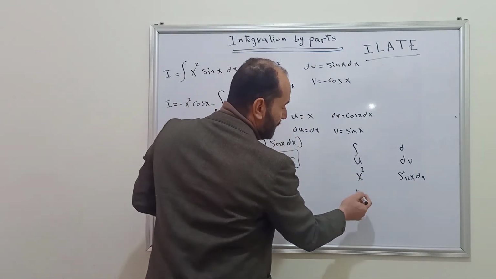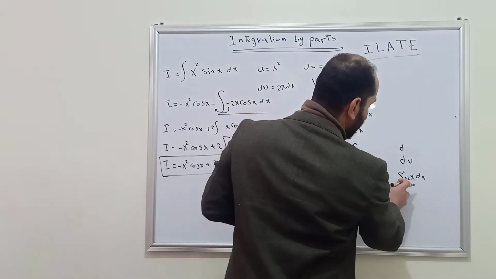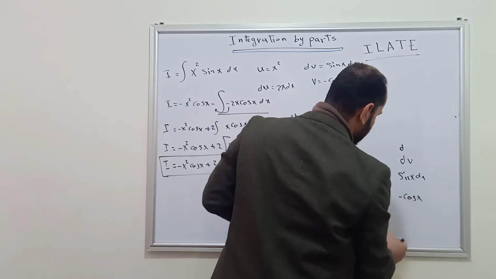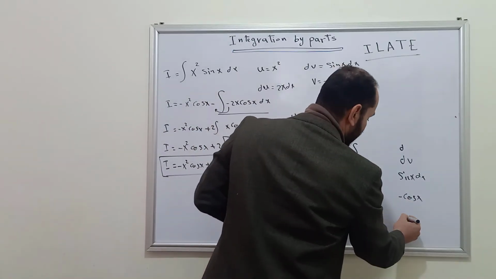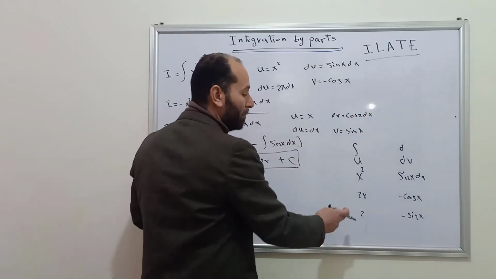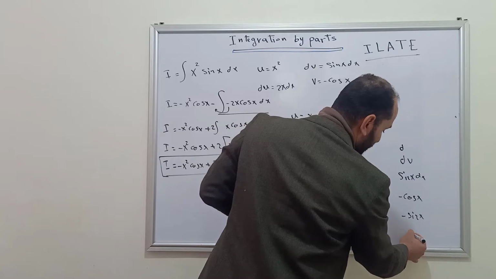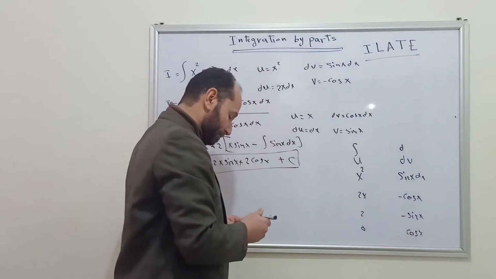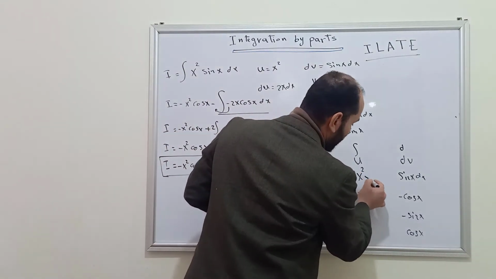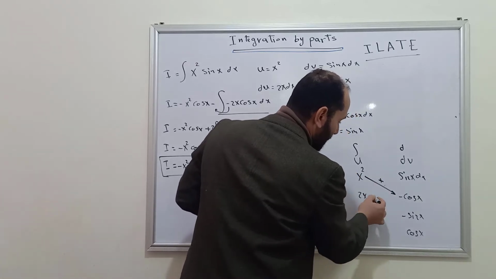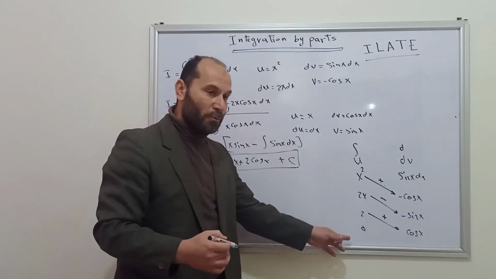By derivative, we get 2x, and by integrating, negative cosine x. By derivative again, 2, and by integrating, negative sine x. By derivative 0, and by integrating, positive cosine x. So we make the signs positive, negative, positive, to reach 0.